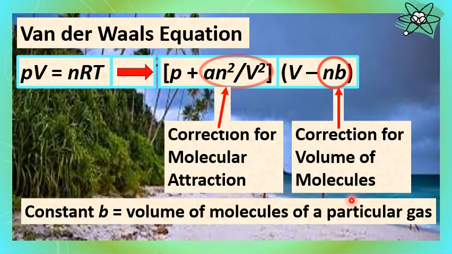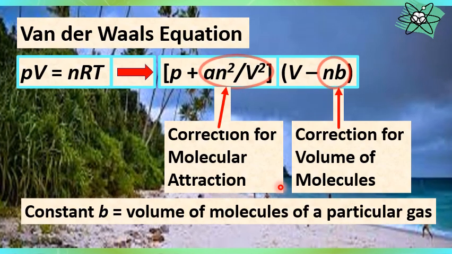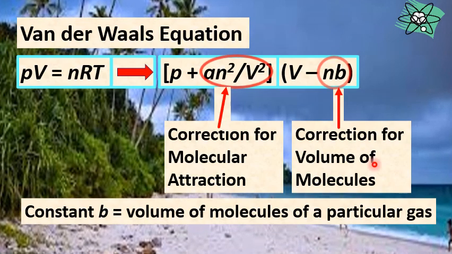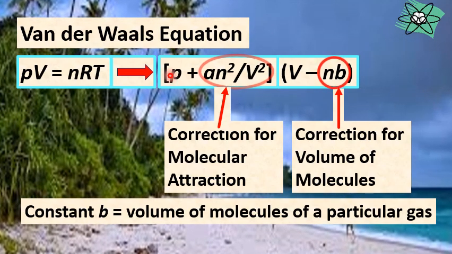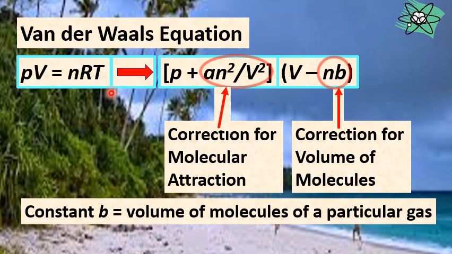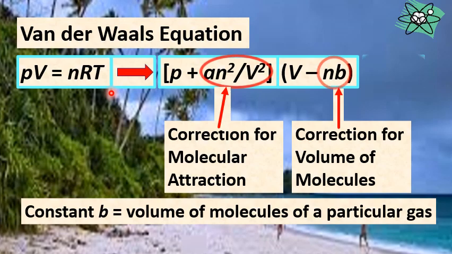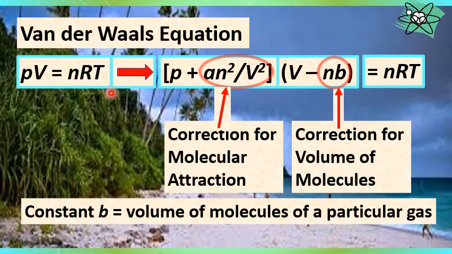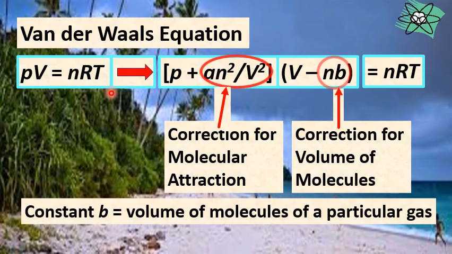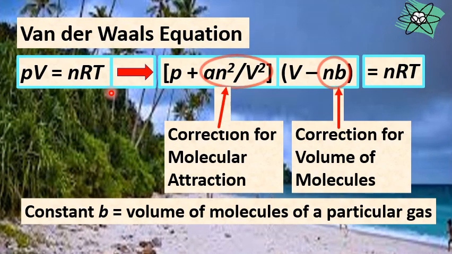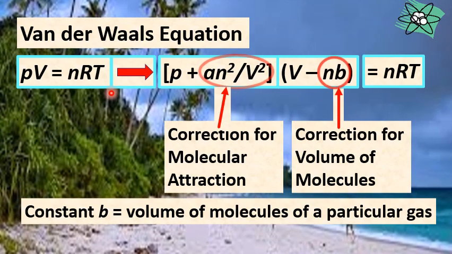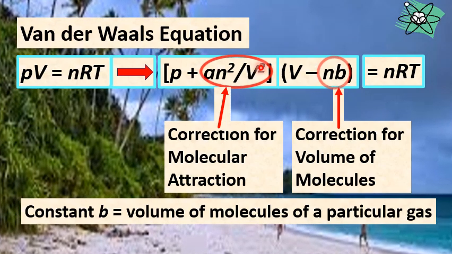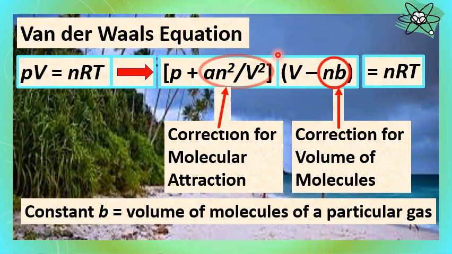and that this van der Waals equation simply reduces to the ideal gas law PV equals nRT. In short, the van der Waals equation is actually just a modification of the ideal gas law, PV equals nRT, with corrections made on the pressure and the volume.